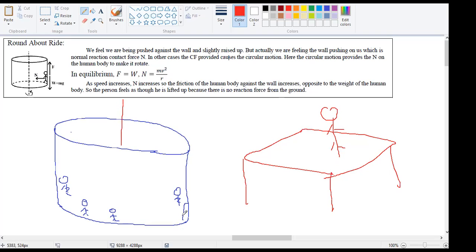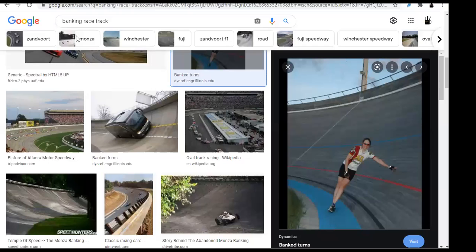I'm talking about a cylindrical container like this. This entire cylinder will be spinning at a very high speed. As you go inside, because of the centrifugal force, you will be sticking to the surface. It's hard for me to explain without showing you.